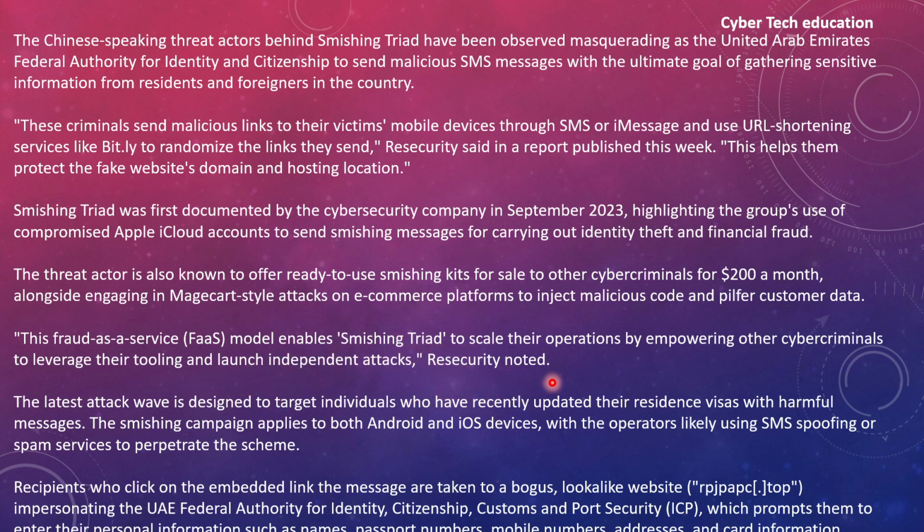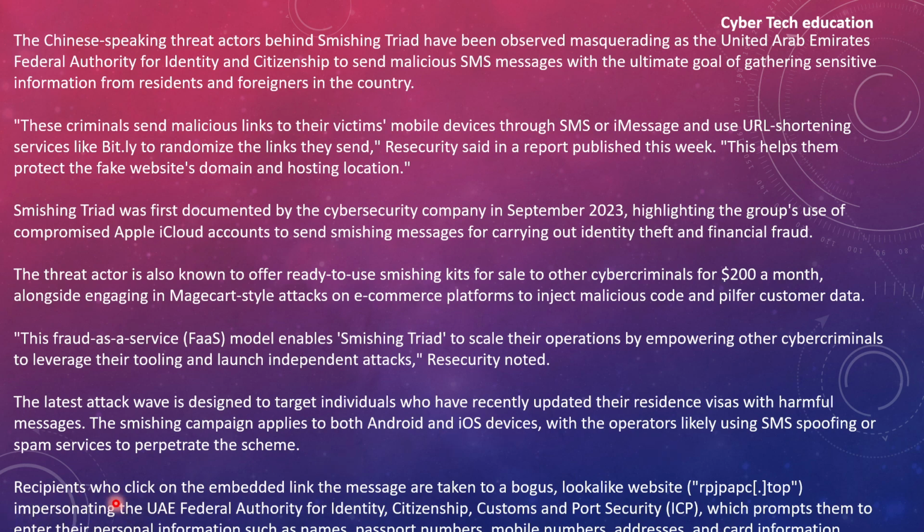Security researchers noted that the latest attack wave is designed to target individuals who have recently updated their residence visa, with harmful messages. The smishing kit applies to both Android and iOS devices, with operators using SMS spoofing or spam services to penetrate targets.